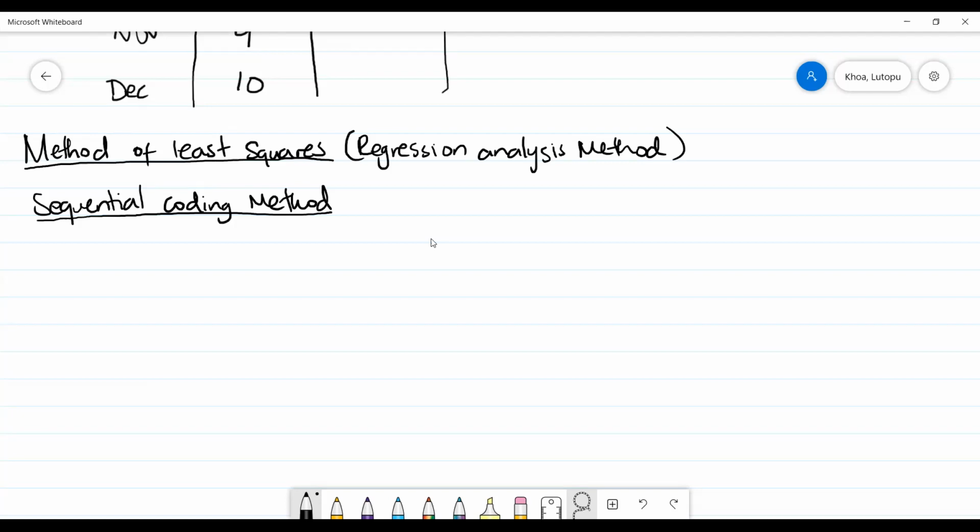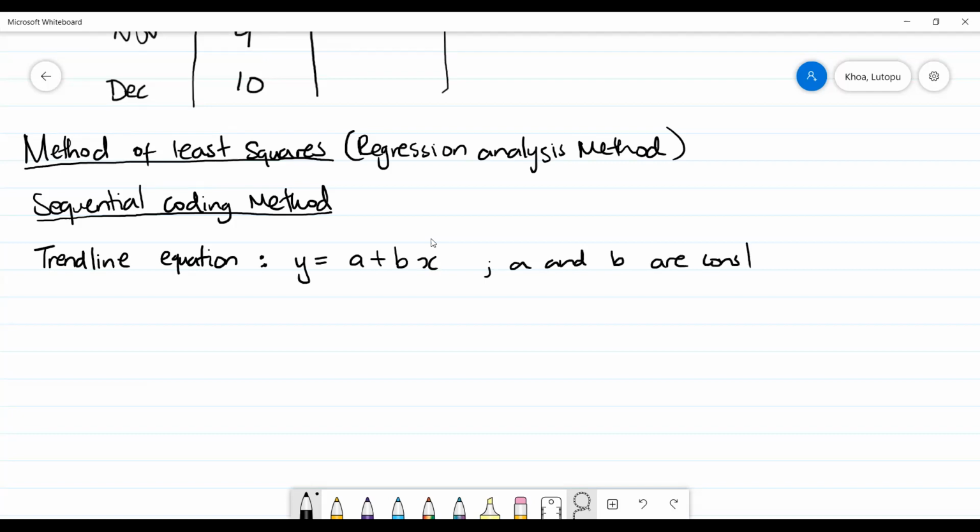What we're trying to do is come up with a trend line equation, whose standard form is y equal to a plus bx. So a and b are constants.